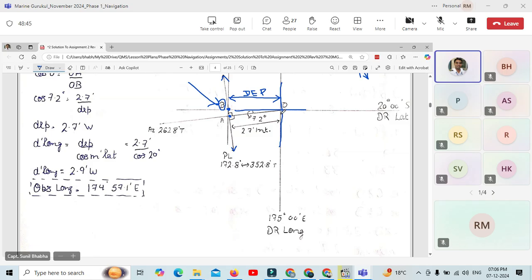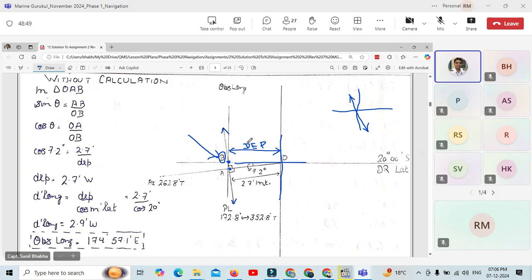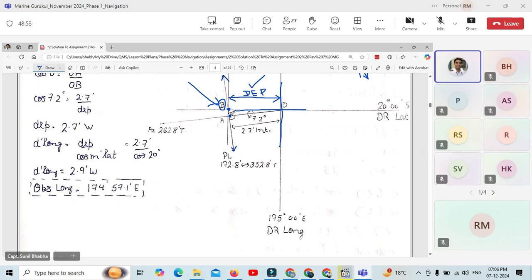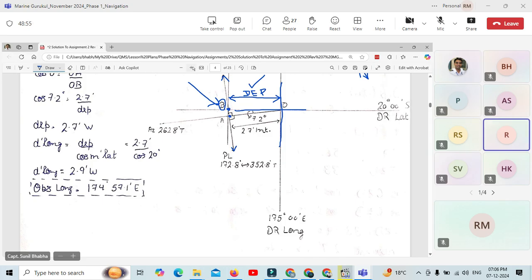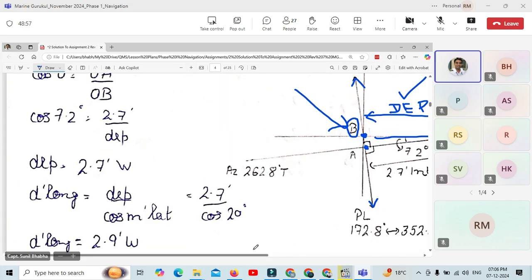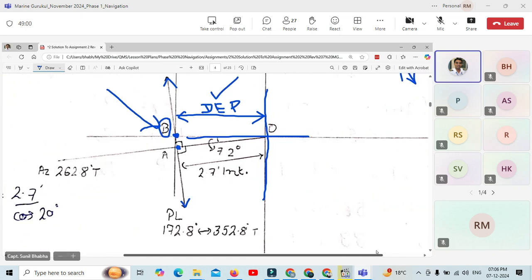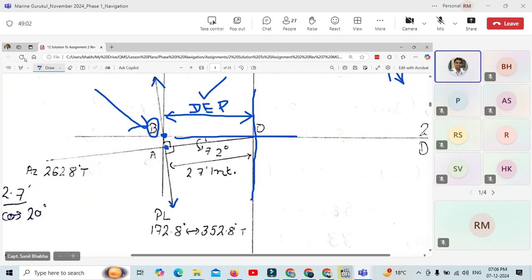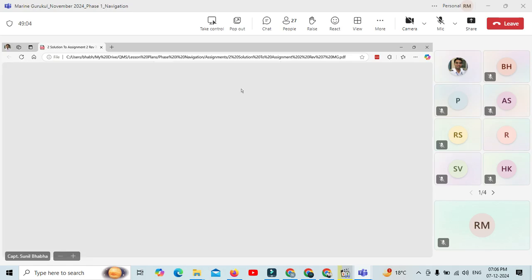You can do that. Now, what is done here is the calculation method. He has not measured it from the plot. What he has done is he has made this triangle. I'll zoom in and show you. He has made this triangle, beta, basically. Let's remove the markings.